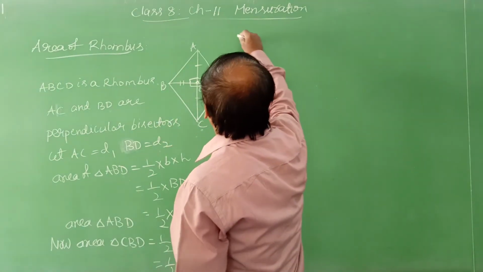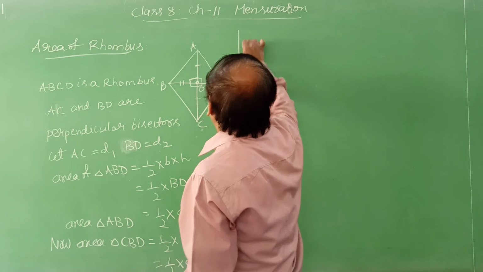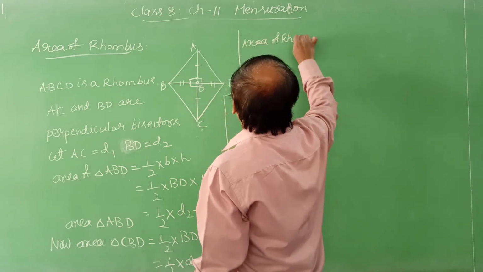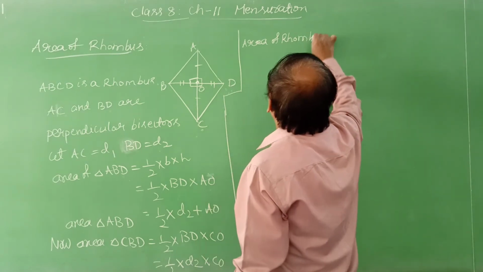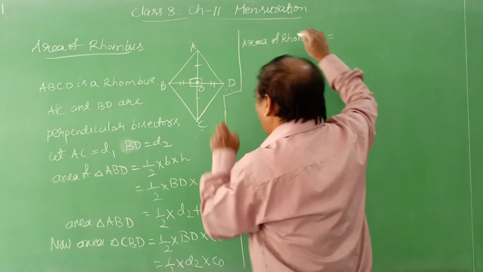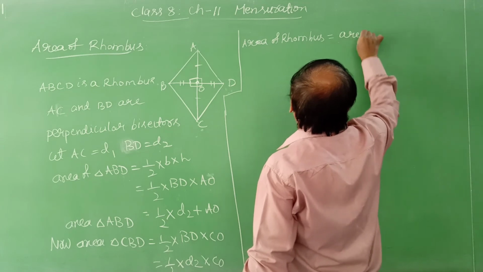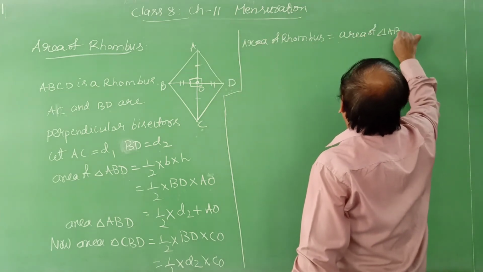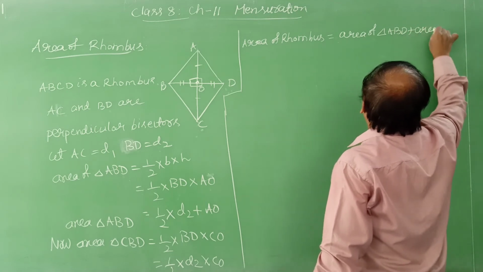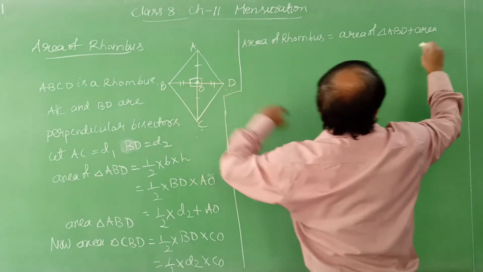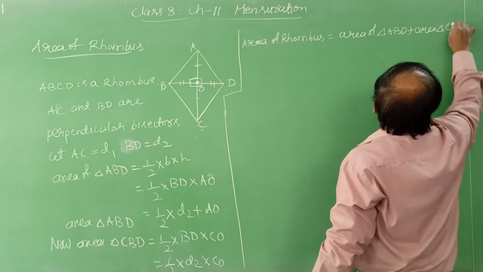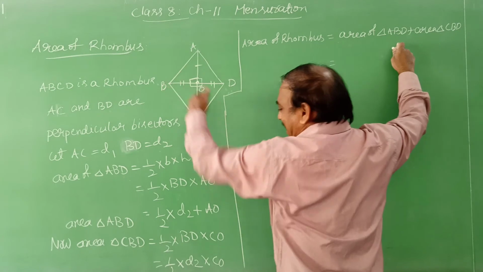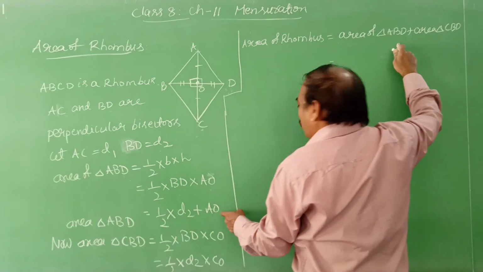To get the area of the rhombus, you have to add the area of triangle ABD plus the area of triangle CBD together. The area of triangle ABD is half into D2 into AO.